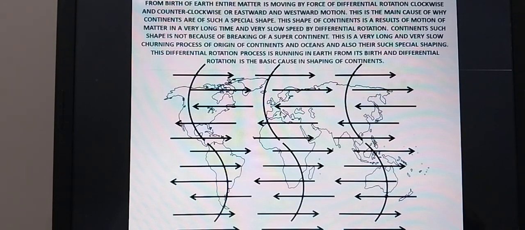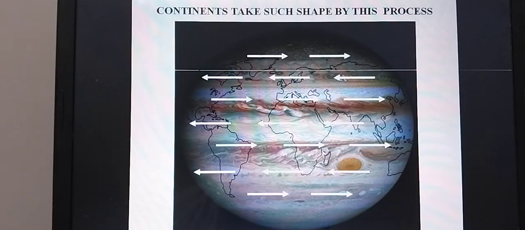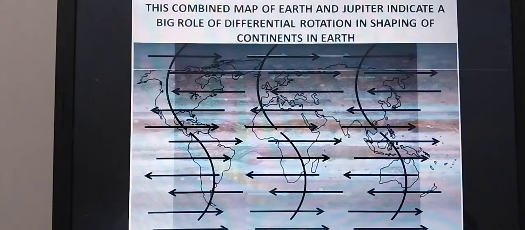So, dear friends, as we have explained, if we use the world map on the photo of Jupiter's differential rotation and compare both, then we can very easily understand how such shape of continents, not only South America and Africa but all continents, came in such a special geometrical pattern because of the long process of differential rotation plus contraction.